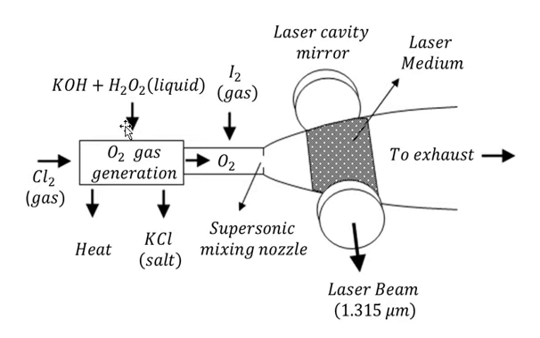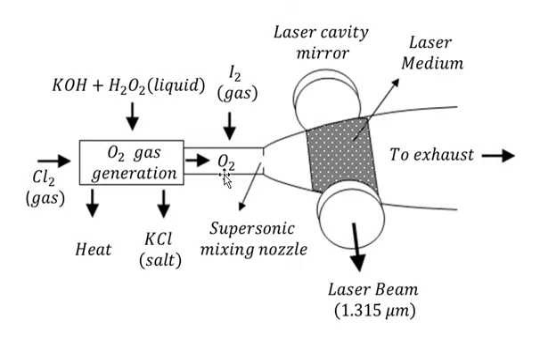They are combined, and of course the Cl2 gas is also combined with them to produce O2 gas generation. With the generation of the oxygen gas, heat is produced and KCl as a salt is also produced.